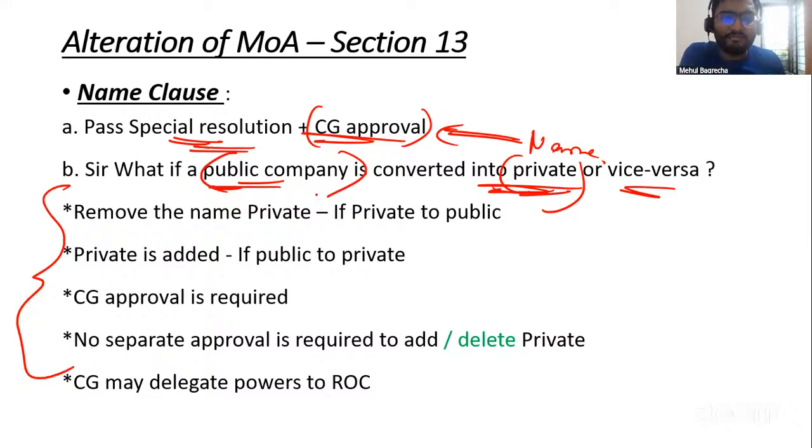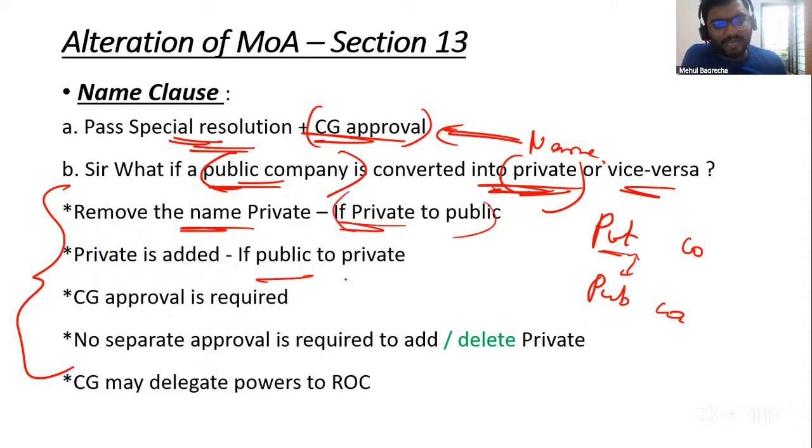If a private company is converting itself into public company, what will happen? You will have to remove the word private in your name. Correct? So remove the word private if you're converting a private to public. If you're converting public to private, add the word private.